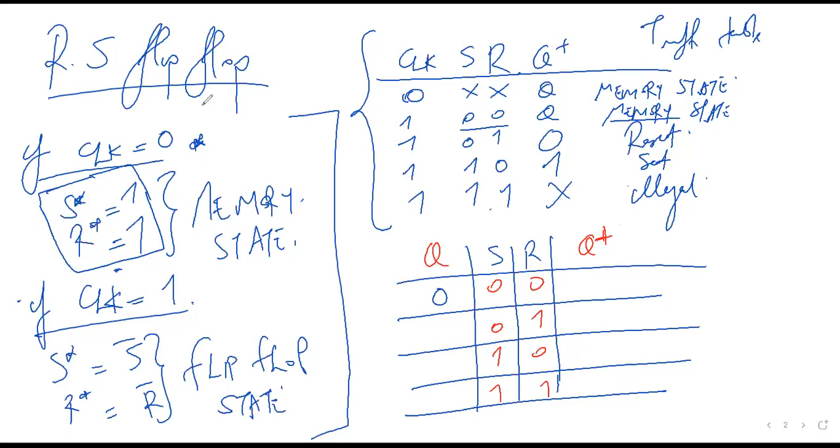What is my next state? Unmute yourself. Rwafa, what is my next state? Yes, I need an answer. If I have a 0 here, what is my Q plus for the SR flip-flop?